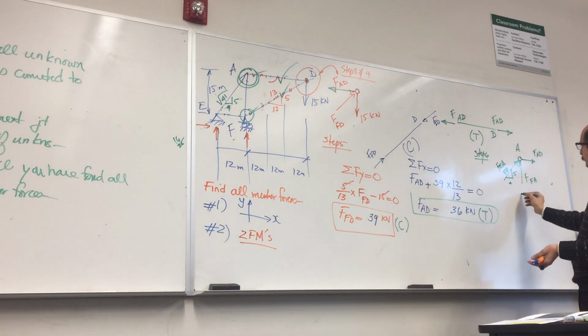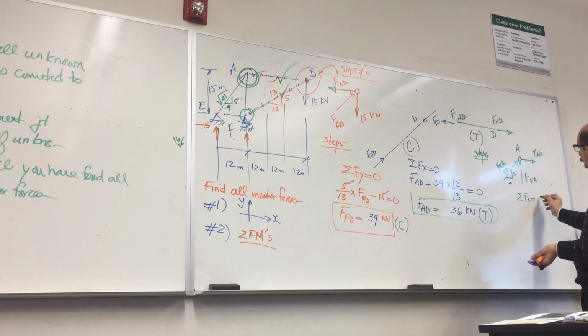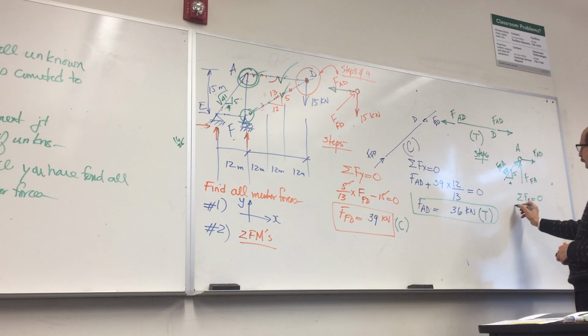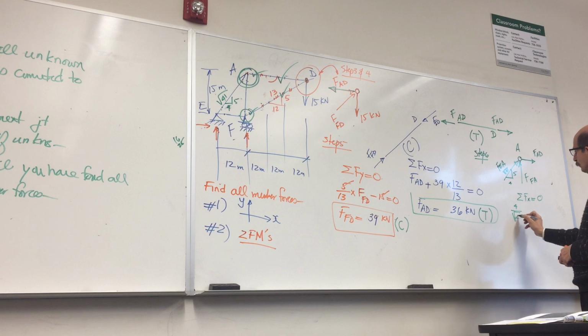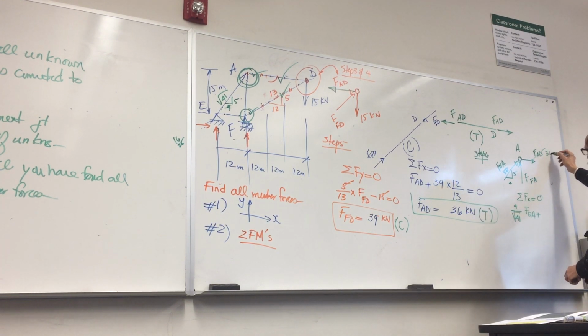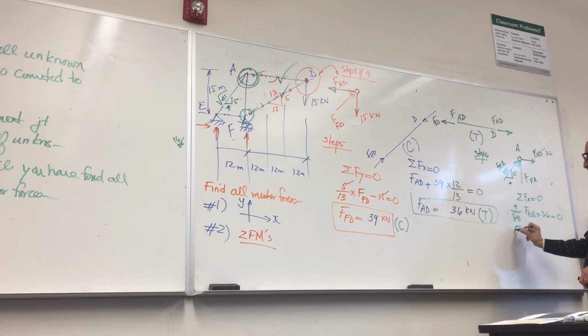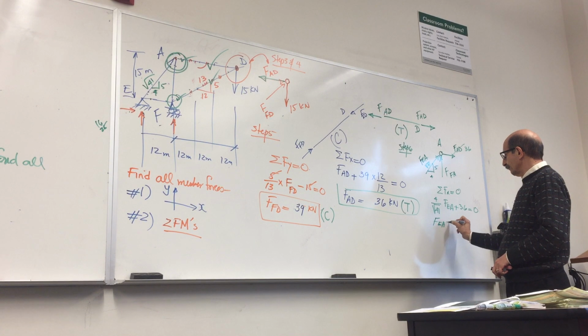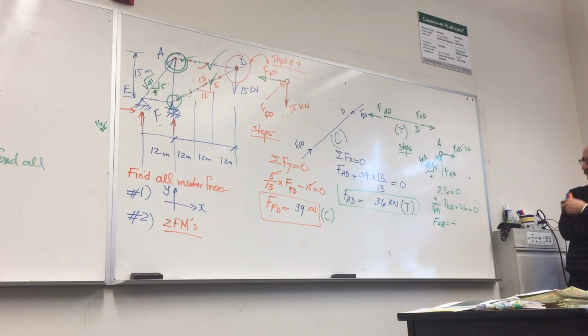So again, you write summation of forces along x is equal to 0. So you have 4 over square root 41 F of EA plus F of AD, which we know is 36. 36 is equal to 0. So who's going to help? Give me this number. 36 times square root of 41 divided by 4, and it's going to be negative. 36 divided by 4 actually would be 9.